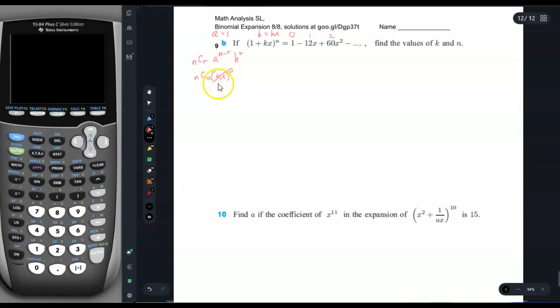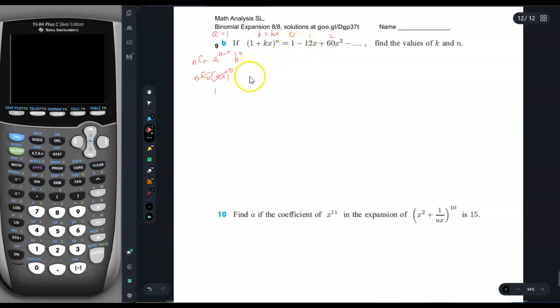So basically, our first term is n choose 0, and remember Pascal's triangle, the first number in the row is always 1. So this is just 1 also. So the whole thing is just 1. We don't need to do the general term for the first term. We know it's 1 already.